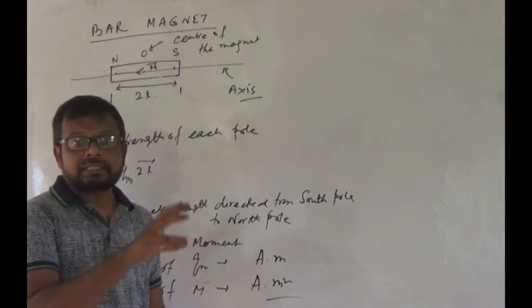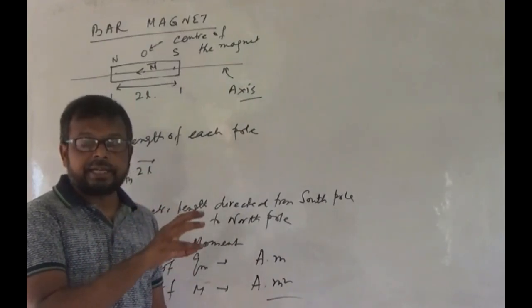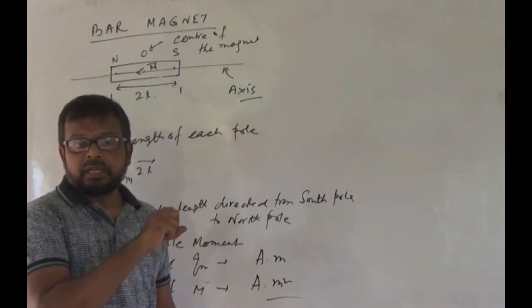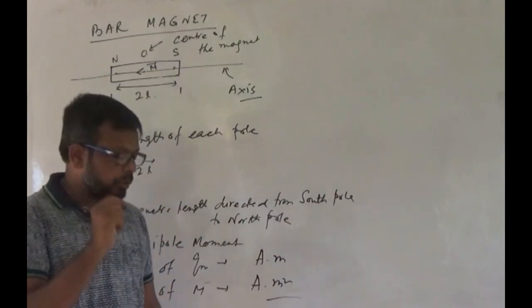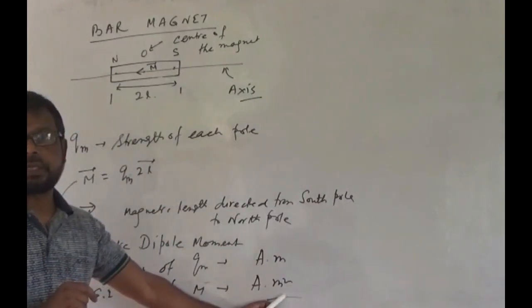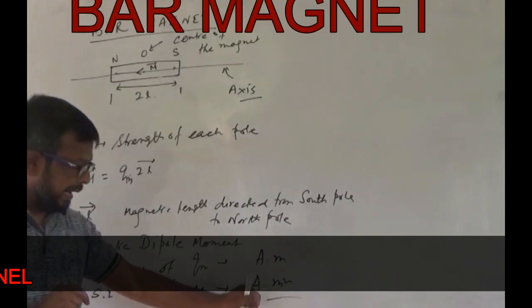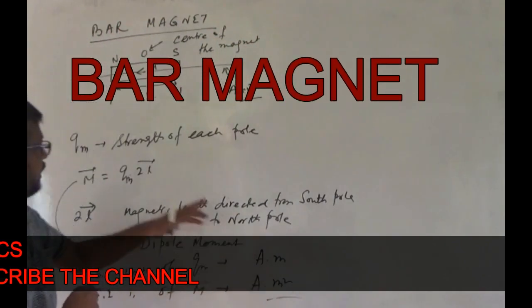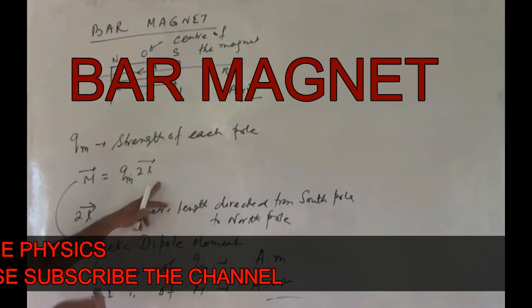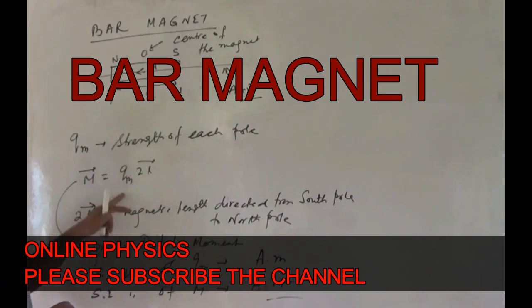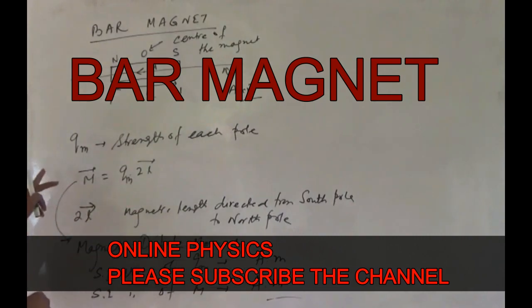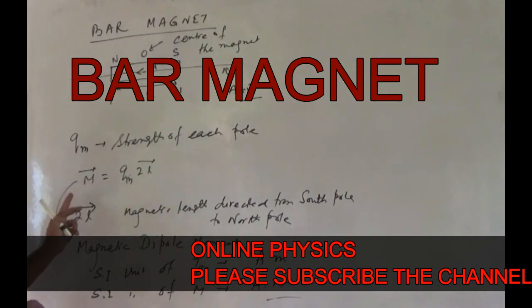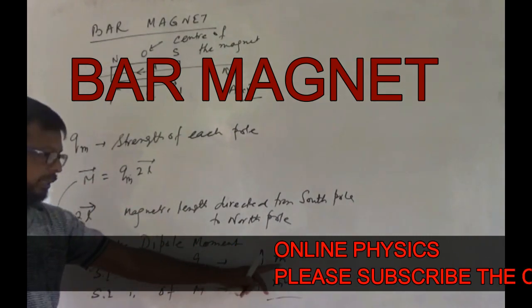The unit of current I is ampere and the unit of area is meter square, that's why ampere into meter square. From this magnetic dipole moment, you get the unit of Qm, which is ampere meter square divided by meter. You get ampere into meter.